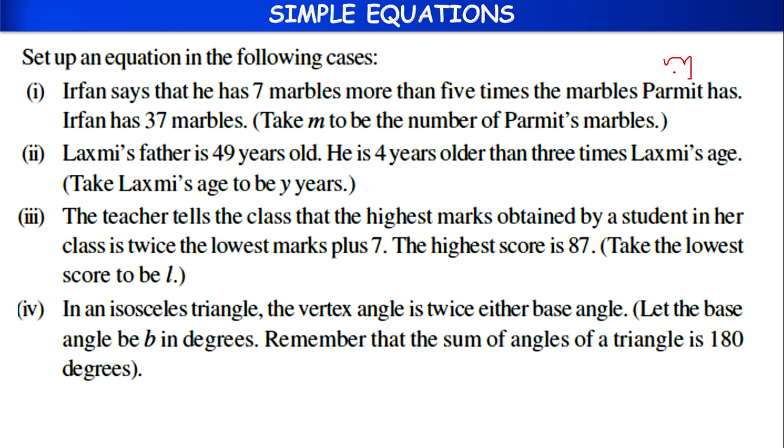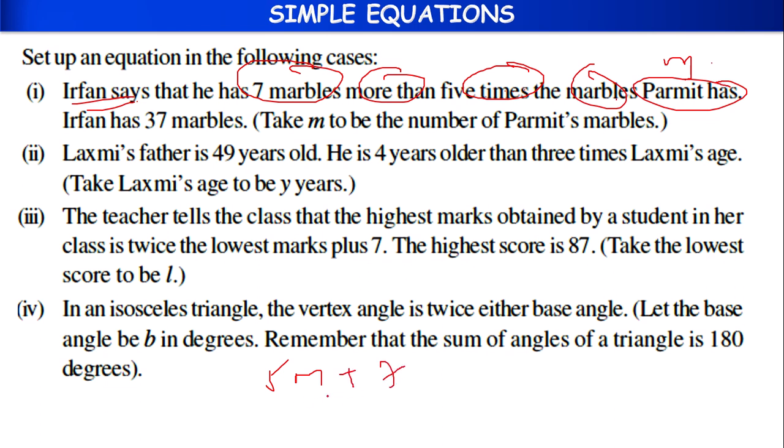If Parmit has m marbles, then Irfan has 7 marbles more than 5 times the marbles of Parmit. 5 times the marbles of Parmit means 5 times m, 5m, and Irfan has 7 more than that. 5m plus 7 equals Irfan's total number of marbles, 37. So this is the equation.